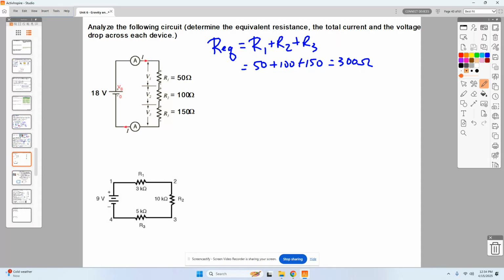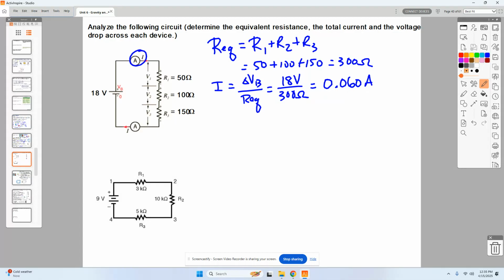If I want to find the current flowing through those resistors, it would be the voltage from the battery divided by Req. In this case, I have an 18-volt battery, and that 18 volts is going to be used to drive that current through 300 ohms of resistance. And when you go through and do that math, you get something that looks like that.